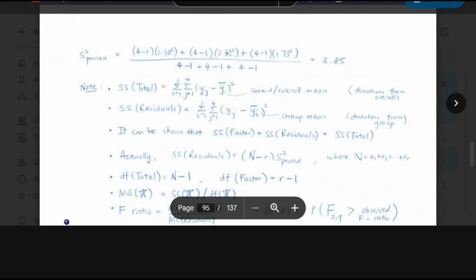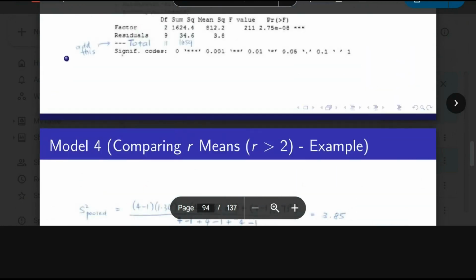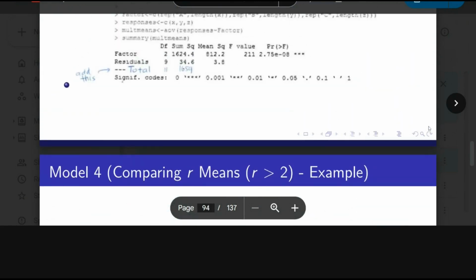But what I'm trying to tell you is this number actually is available if you give something here. So look at the ANOVA table again. Look at the mean square residual here.